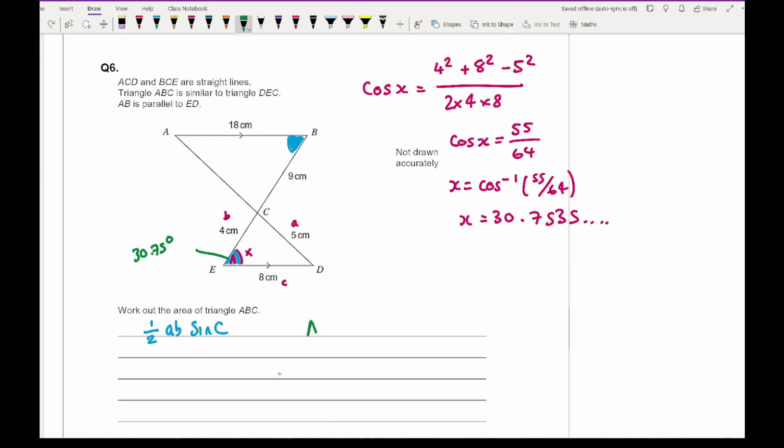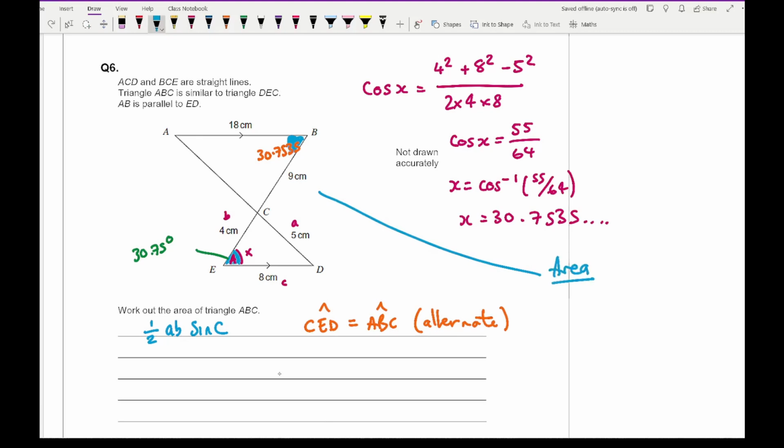So from this, I can say that CED equals ABC because it's alternate. So this is also going to be 30.7535. And then from this, I can then use the sine rule to work out the area.